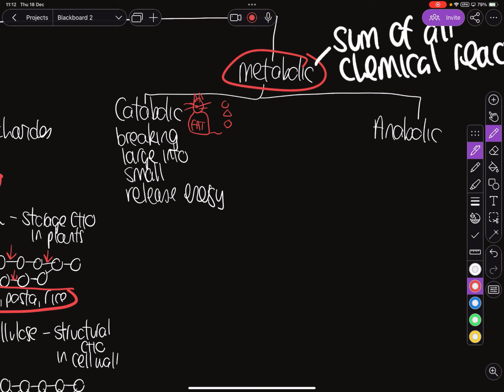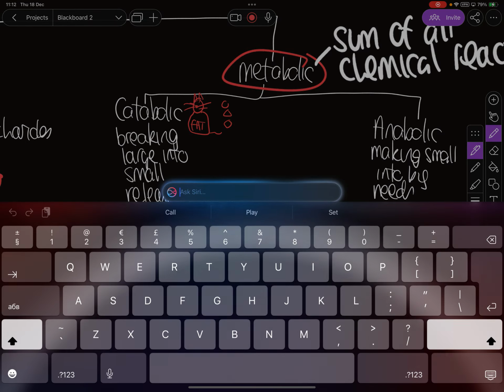So catabolic: big into small, and releases loads of energy. Then, opposite world, you are making small molecules into big molecules for anabolic, and this needs energy to do it.